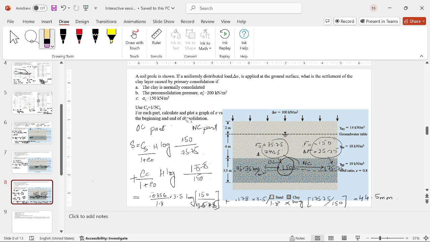For each part, calculate and plot a graph of e versus the beginning and end of consolidation. Okay, so now let us draw a plot.